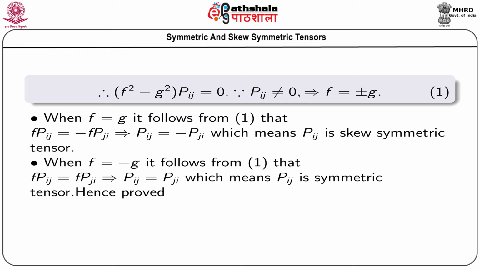That means Pij is a symmetric tensor. Hence it is proved that when f equals g, Pij is a skew symmetric tensor, and when f equals minus g, Pij is a symmetric tensor.